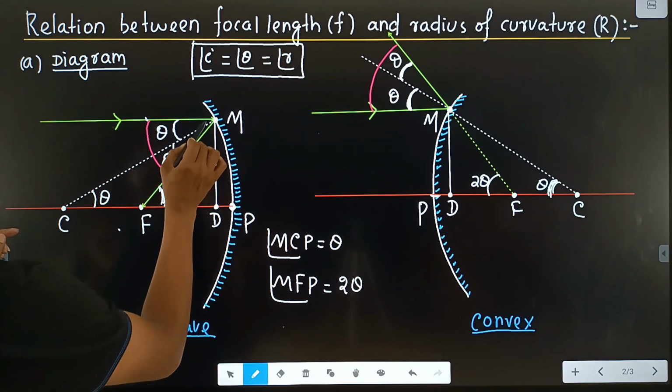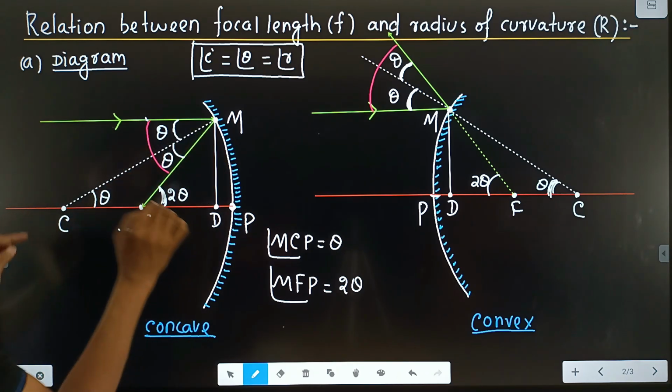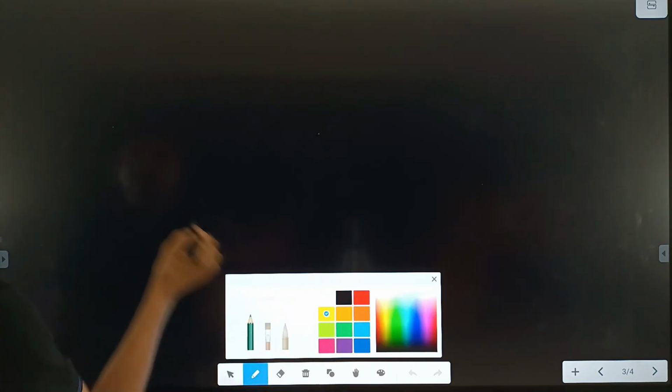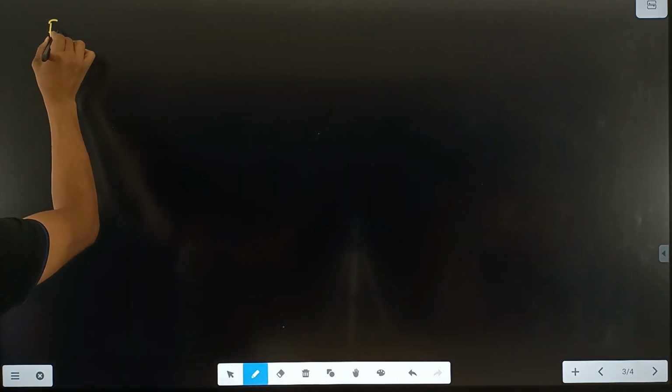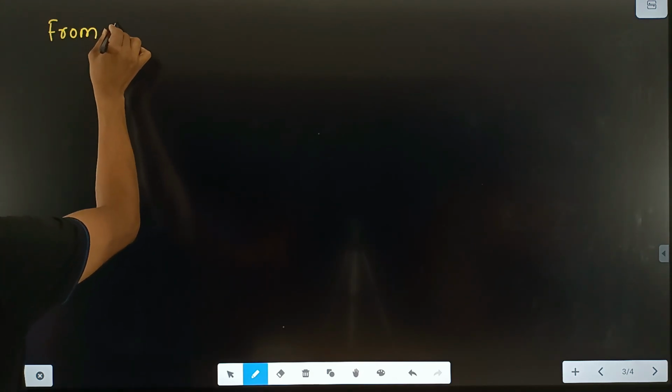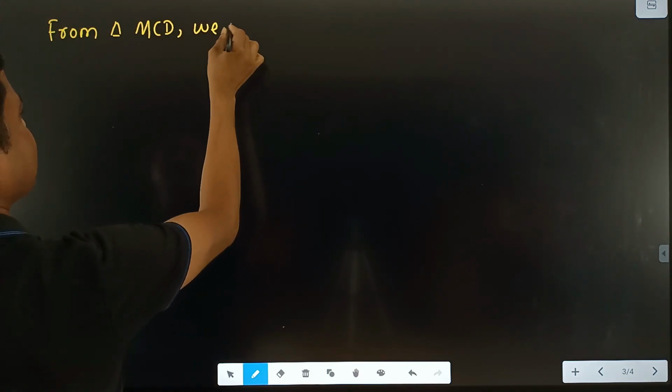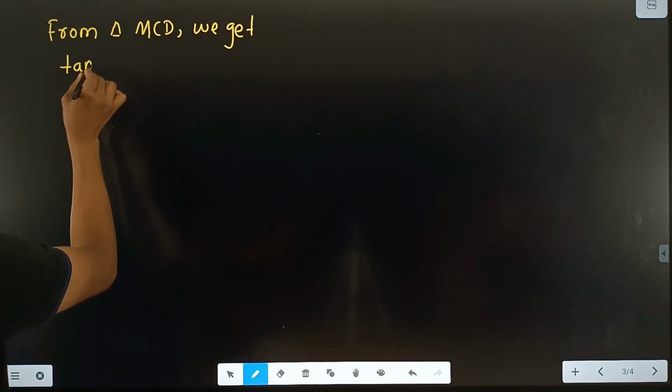First, the triangle MCD. From triangle MCD we get tan theta equal to, what is tan theta?